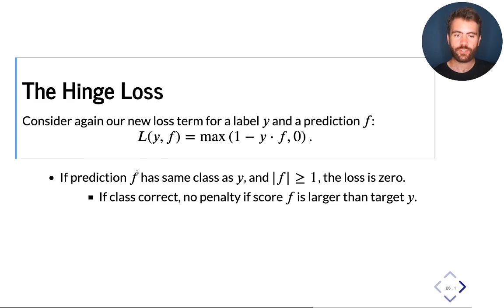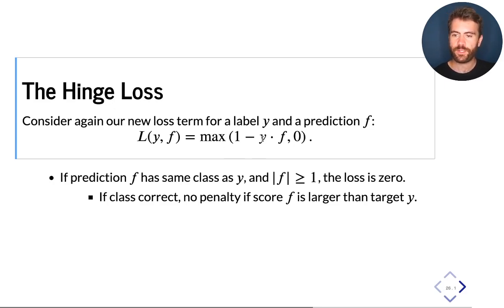Imagine the prediction f has the same class as y. So if y is positive and f is positive, and the value of f is at least 1 or larger. Let's say that the true value of y is 1. If f equals 1, or anything that's larger than 1, which is in the right direction, then this value is going to be 0.